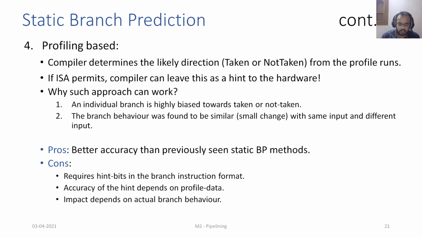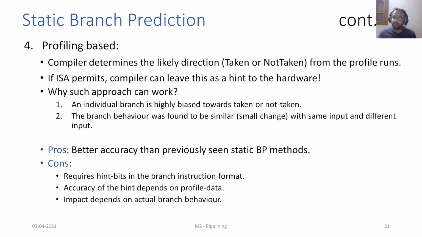And the behavior of the actual branch will determine how useful the hint bits are. Let's say the hint bit was saying 0, but always the actual branch outcome in the actual run was taken. So the hint bit was useless in that case, right?